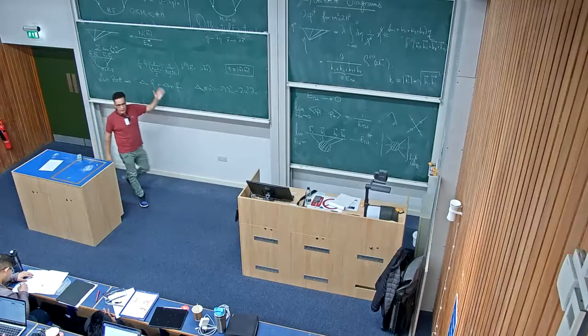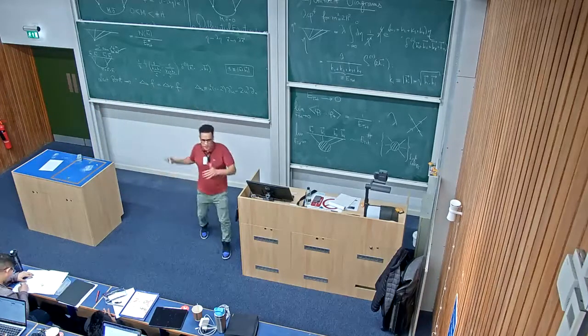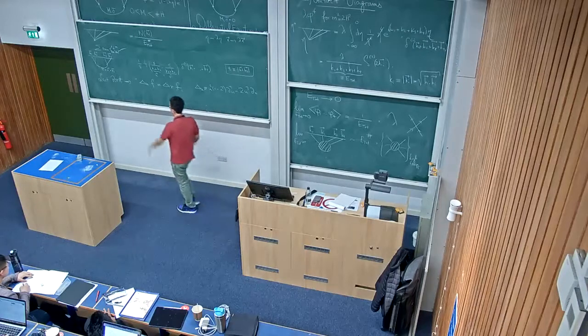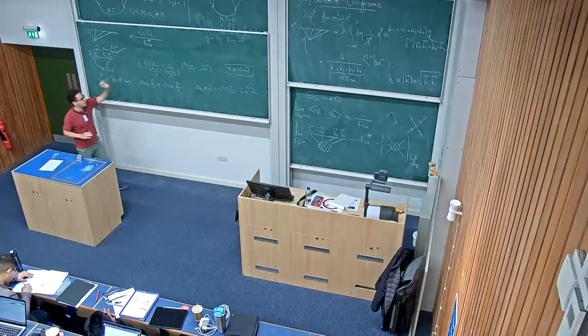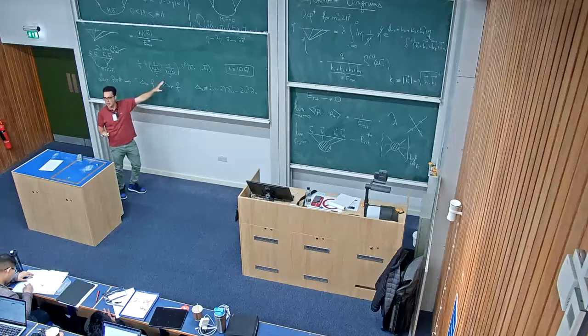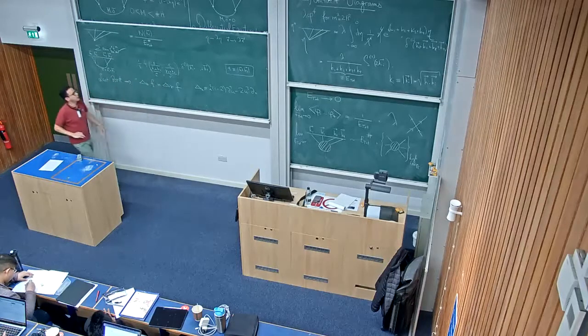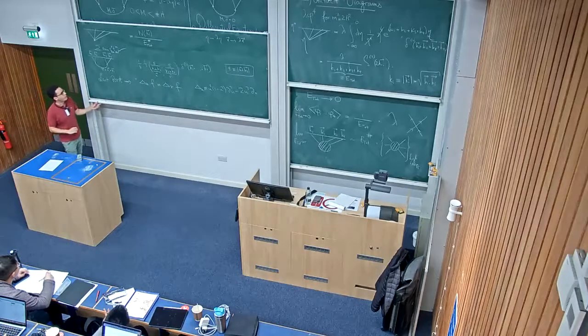It's the result of a calculation. If you're confused about where it came from, don't worry. I'm just imposing that it's invariant under boosts. And then after some work on the computer, you get here.